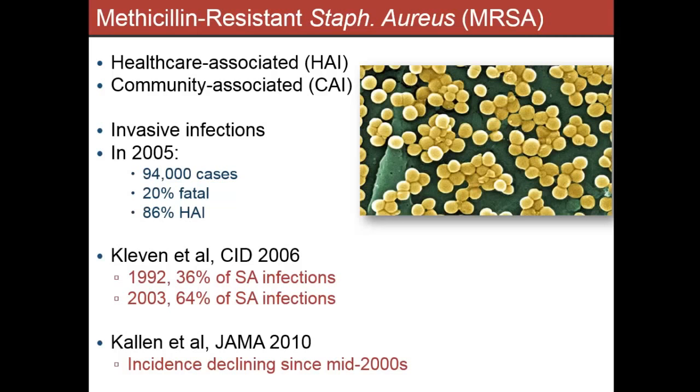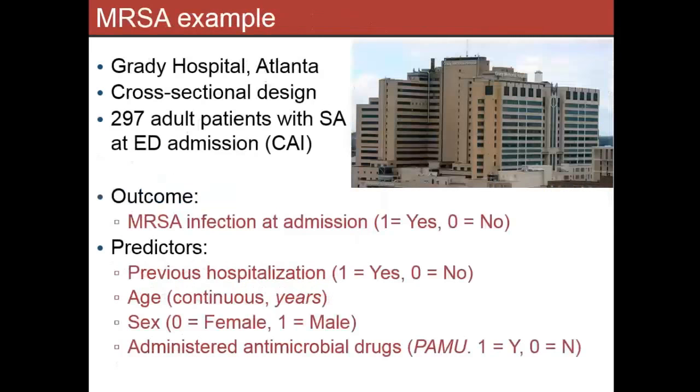And it can be associated in either healthcare settings, hospital settings, or in community settings. It kind of follows different epi patterns in those different settings. And the specific example was coming from a cross-sectional study at this wonderful hospital, Grady Hospital, located on the downtown connector, which I'm sure you've all seen before.